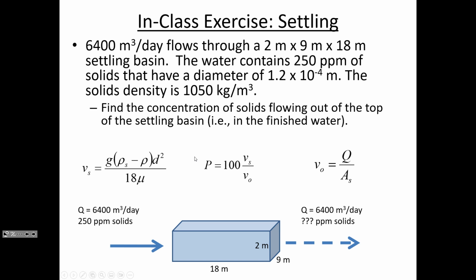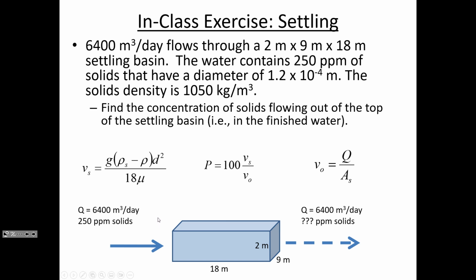Okay, so the steps here, I think in the handout that you've got, it says Part A, add the dimensions of the drawing to the clarifier. So I guess maybe I've already spoiled that opportunity for you because they're on the sketch there. Sketch the trajectory of the particle that starts at the top of the settling basin and then is just barely removed.